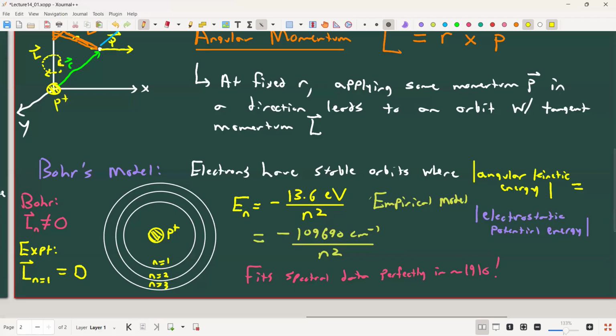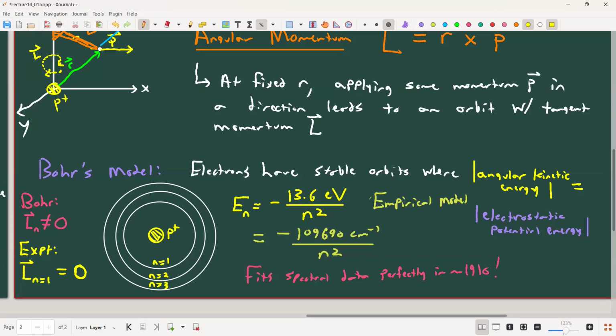So Bohr predicts, because you always have to have angular kinetic energy, you always have to have angular momentum, because we always have potential energy, no matter what distance we're at. They're always attractive. So in order to have a stable orbit, you always have to have angular kinetic energy. That means that you always have to have angular momentum for all your orbits. But then you go look at an experiment and you see that the electron at n equals 1 has no angular momentum, none at all.